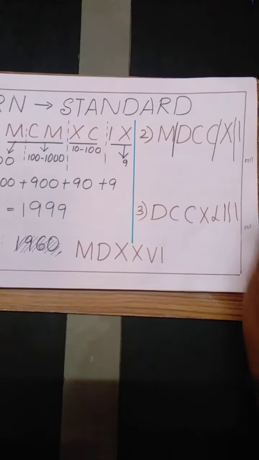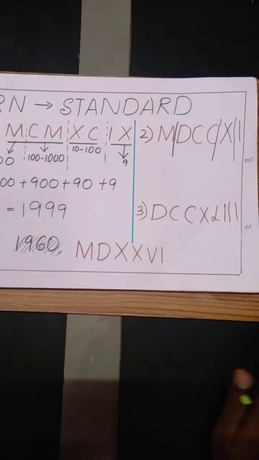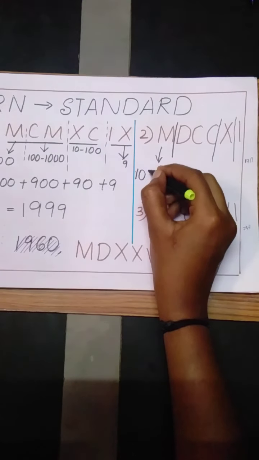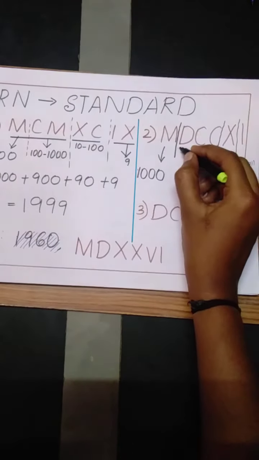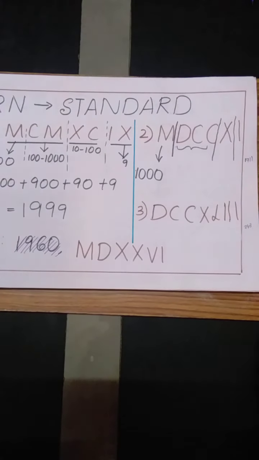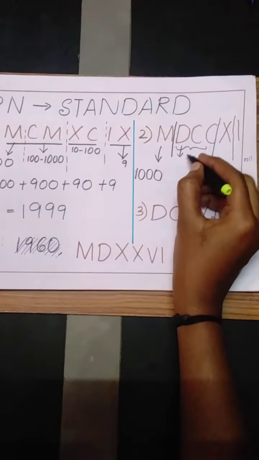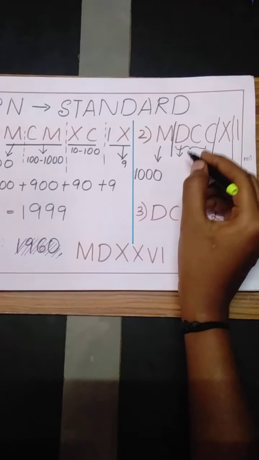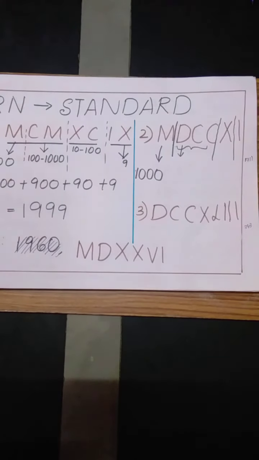Only I is 1 digit. So what is the value for M? 1000, right. See here, it is following the rule of add. It is a larger symbol, then the smaller symbol. It is following the rule of add, which is rule number 4. For rules, you need to watch my previous video so that you will be clear in this video.